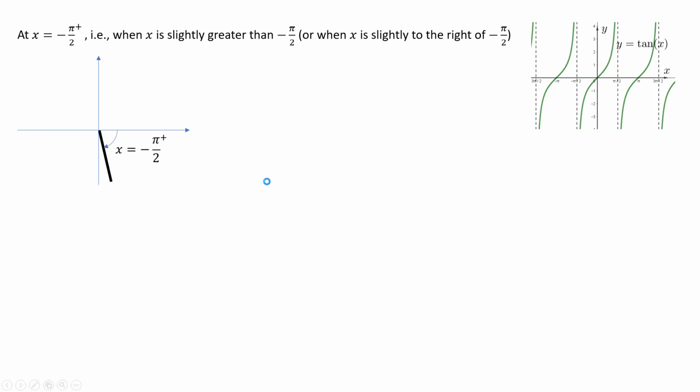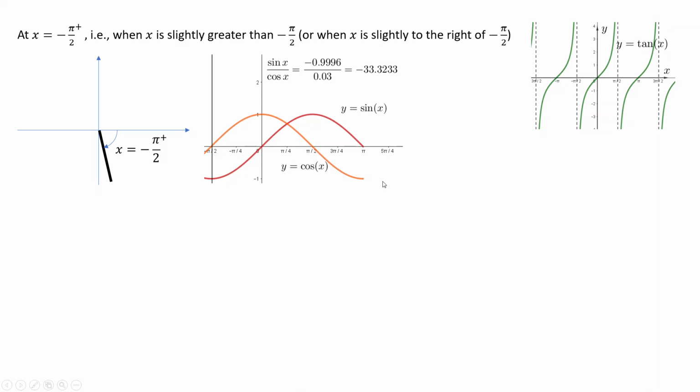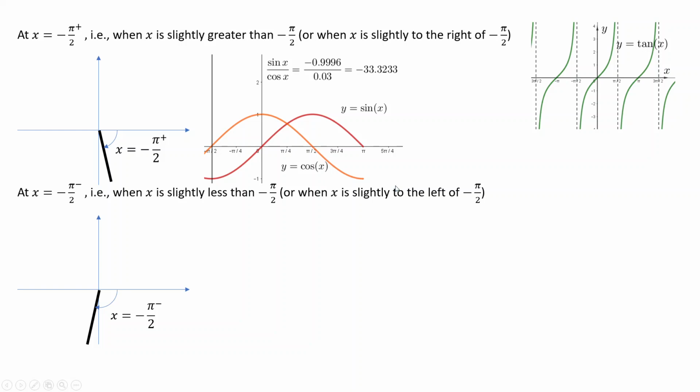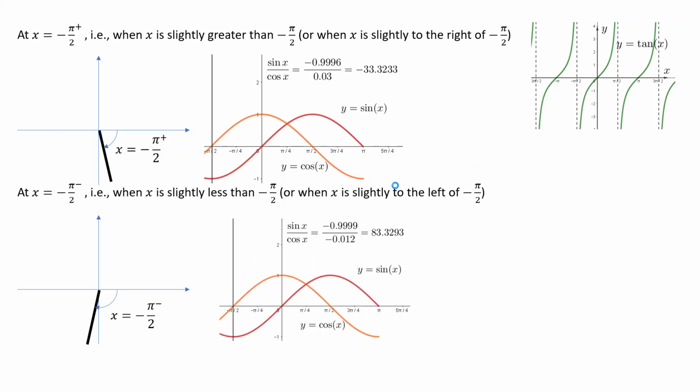At negative pi/2 plus, meaning slightly to the right of negative pi/2, this is going to negative infinity. To the left, positive infinity, because both sine and cosine are negative, and their quotient is going to be positive. So I discussed all of this.